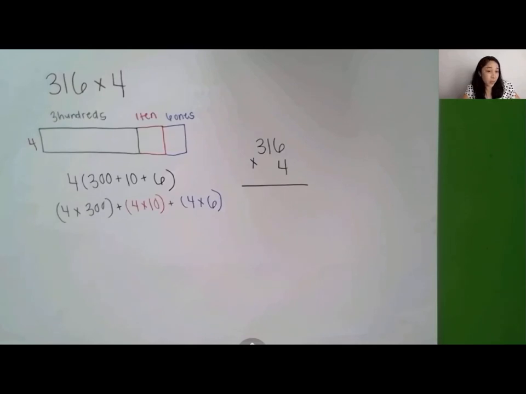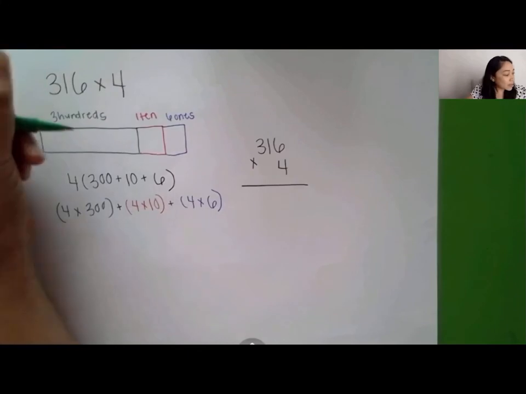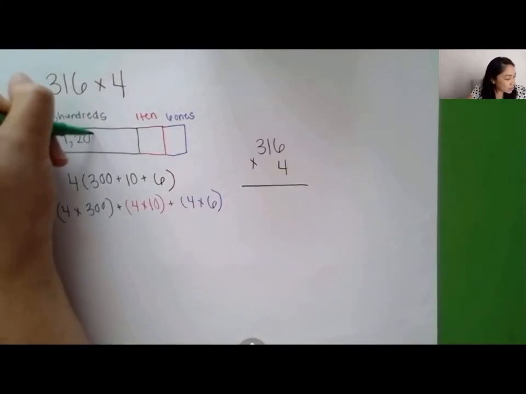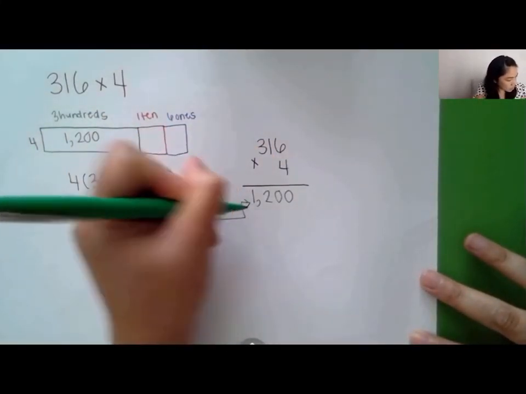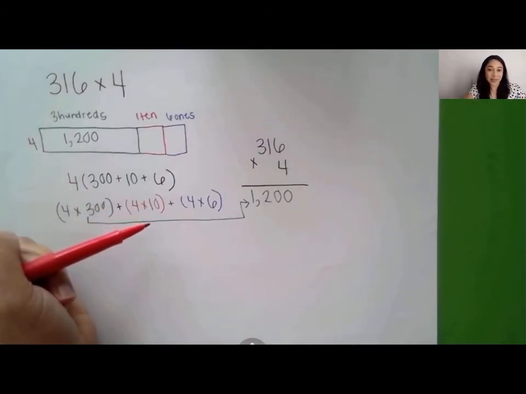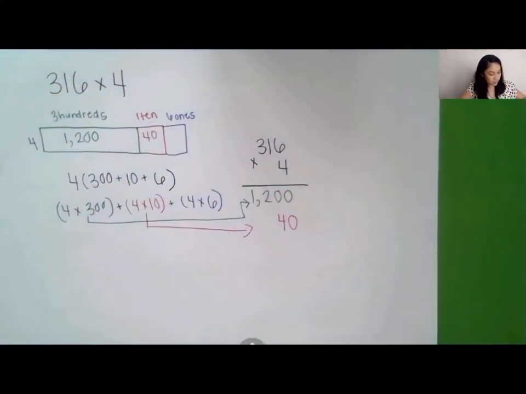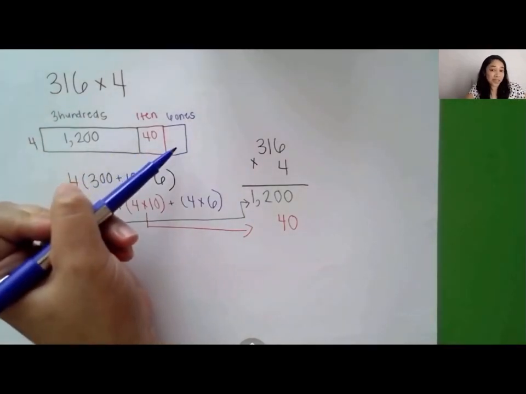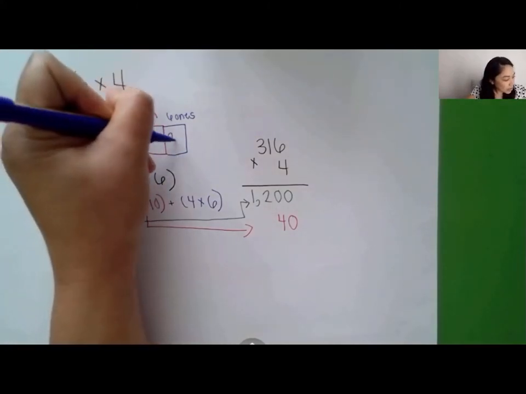Let's begin. 4 times 3 hundreds is 12 hundreds, which we write in standard form as 1,200. 4 times 10 is 4 tens, which is 40. 4 times 6 ones is 24 ones, which we write as 24.